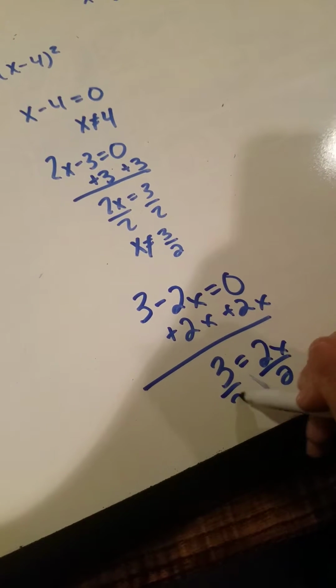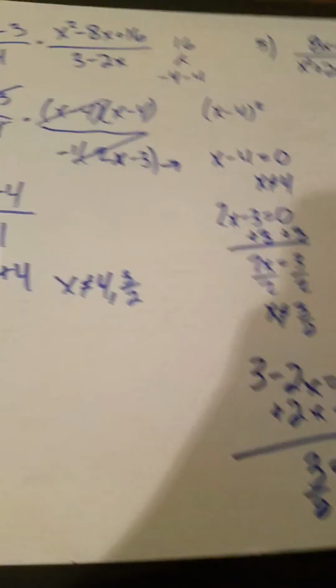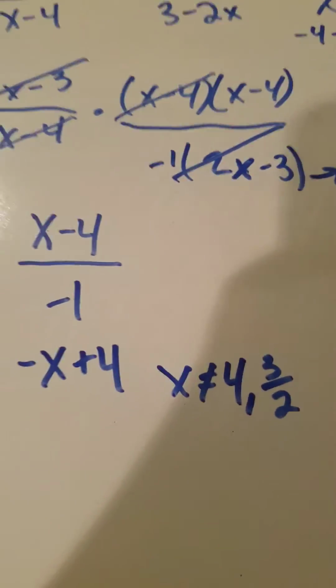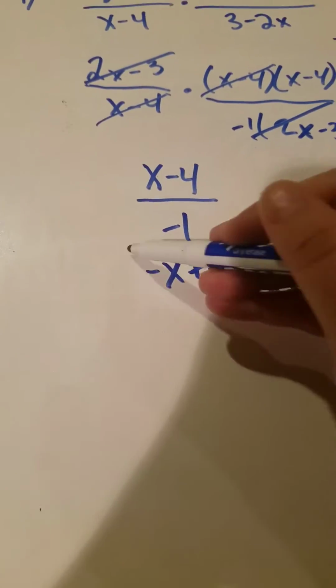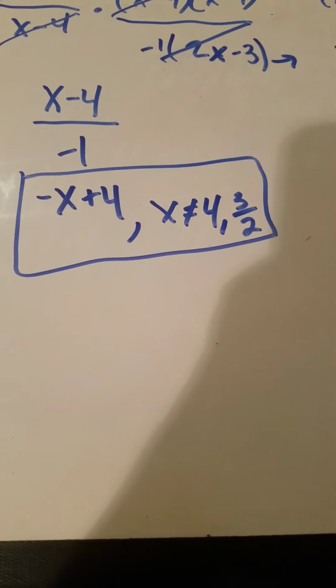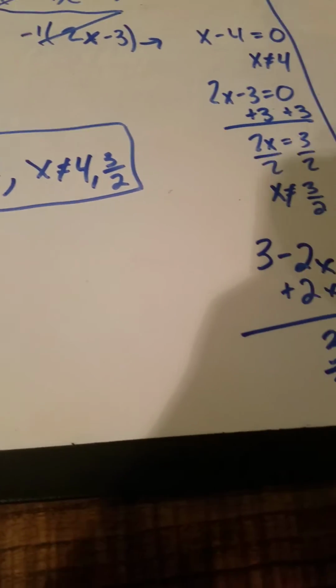Divide by 2 and we still get our 3 halves. Okay, so it doesn't matter if you take the one that we factored out or the one up top, it would give you the same answer. So this is our answer. I'm going to separate it by a comma just so I can tell. And you're done. All right, so that's example 4.